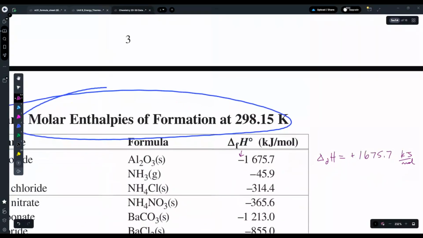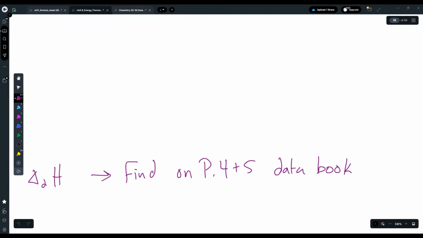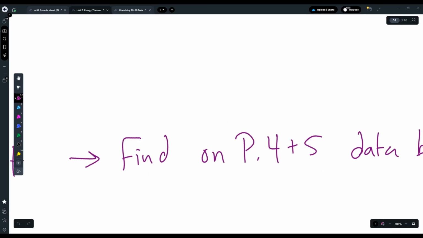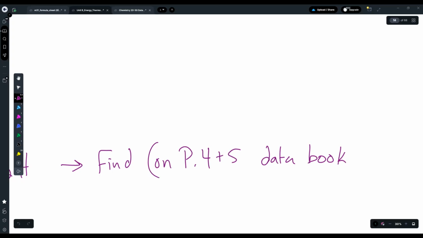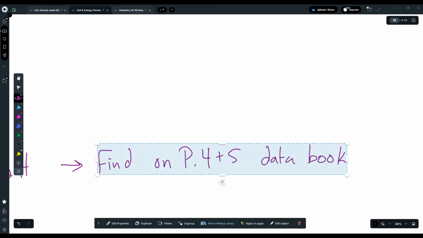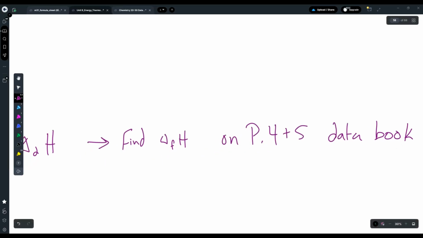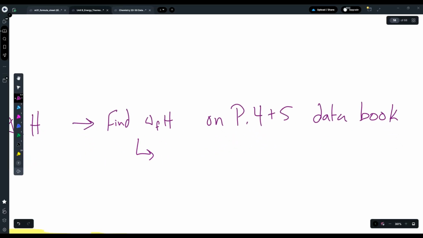Okay, so key thing to remember, you can find them on page 4 and 5 of your data booklet. And maybe I'll just adjust this a little bit. Oop, that didn't do what I wanted it to do. Let's move this over a little bit. So you can find the molar enthalpy of formation on page 4 and 5 of the data booklet.